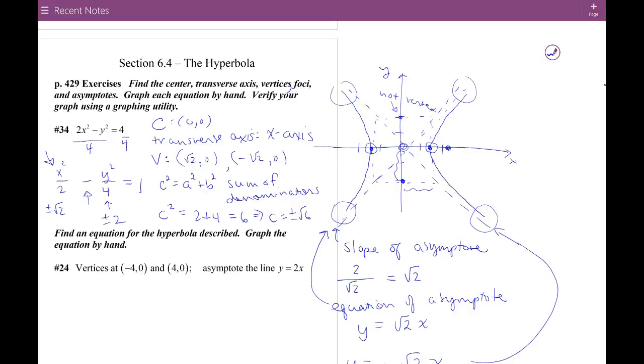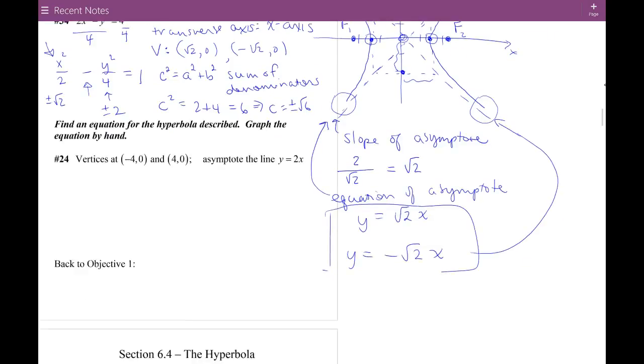So we know it's somewhere out here. Here is a focus point. So we can tell that the focus points have coordinates negative root 6 comma 0 and root 6 comma 0. So those are two focus points. And then we already have the equations of the two asymptotes. Okay, and then we'll do these puzzle problems in class together.